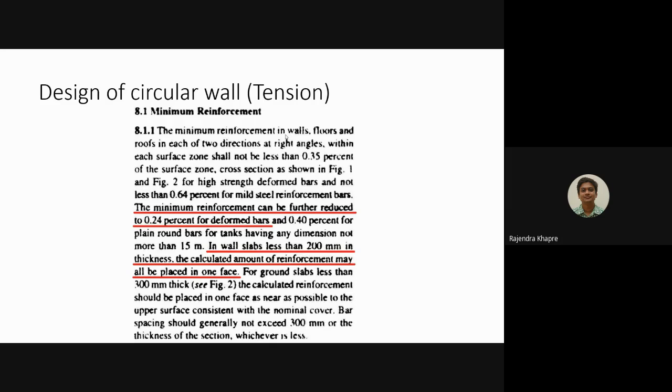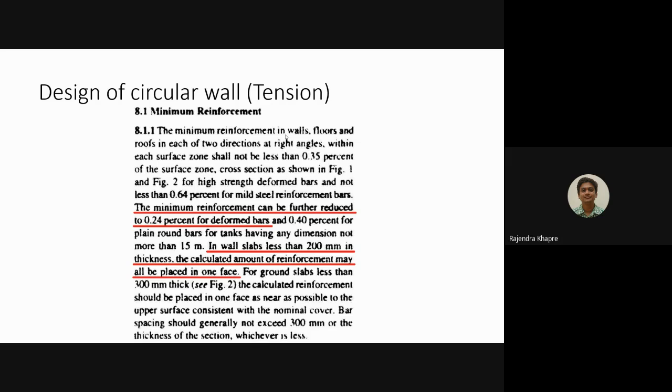This is under clause number 8.1.1, and if you read carefully, it says the minimum reinforcement can be further reduced to 0.24% for the deformed bars, and that percentage can be reduced to 0.4% for mild steel bars, when any of the dimensions of the tank is not more than 15 meters. So what is the dimension of our tank?